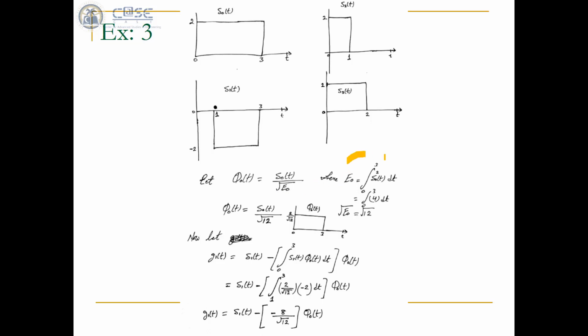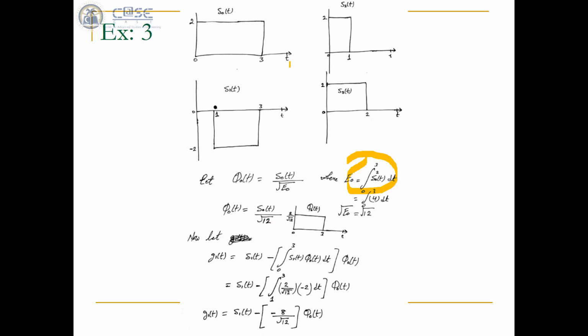Energy can be easily computed using this formula, and here it is computed as, I guess 4, no, actually 12, and the square root of E0 is the square root of 12, which is going to be substituted there. So the first basis function phi 0 of t is equivalent to S0 of t divided by the square root of 12.